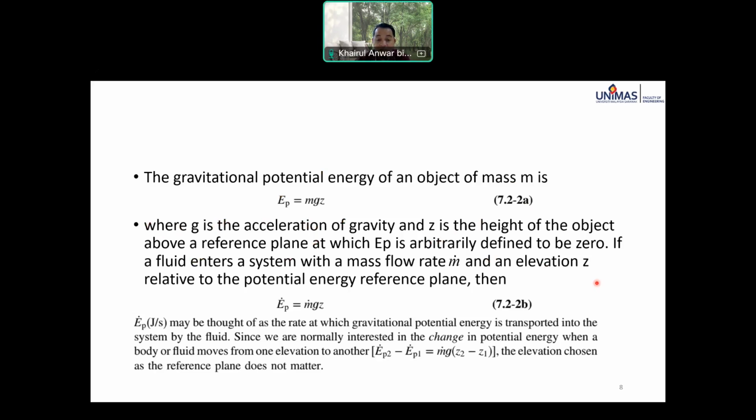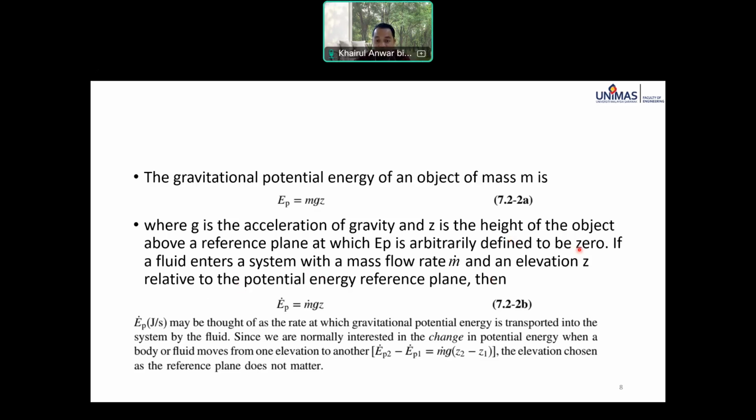For the reference plane, it depends on you, regardless. Which one is point number one, point number two. Once you choose point one and point two, you cannot change it. For kinetic energy, you will be using the same point one and two.